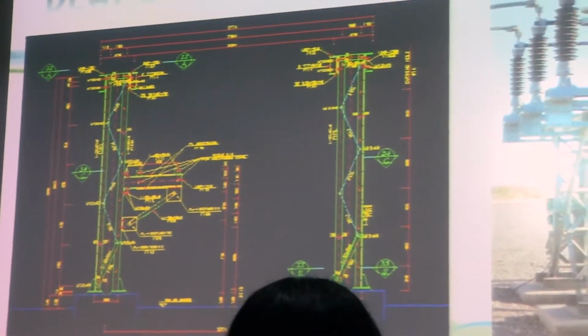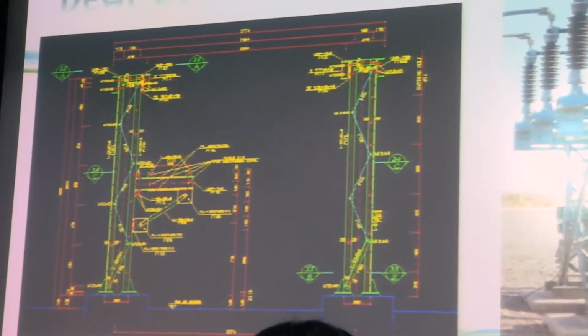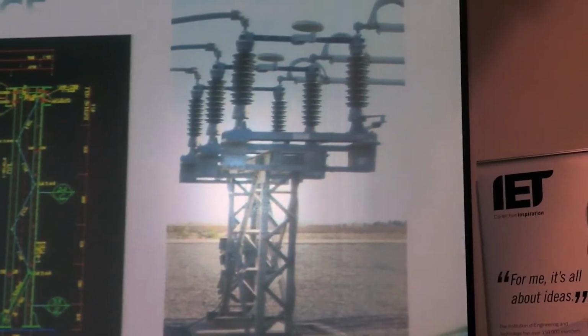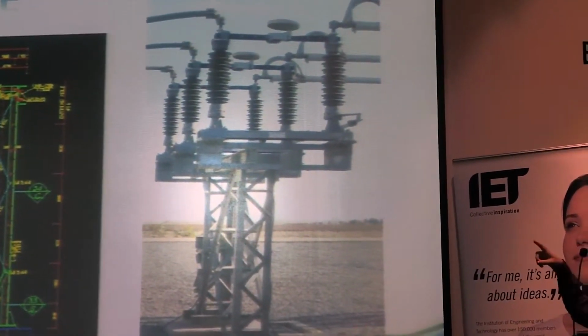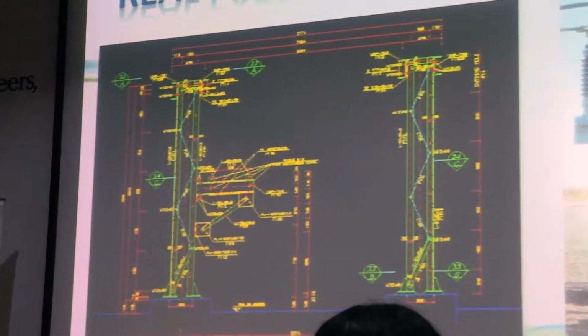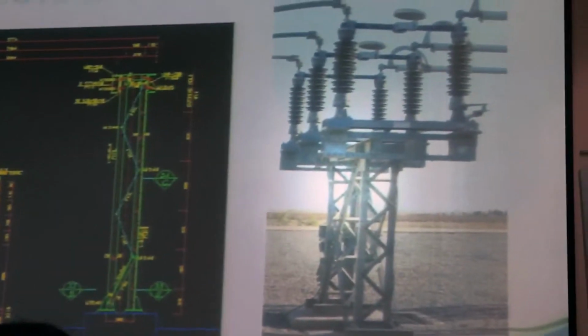Foundation. And this drawing was supposed to be like this after installation, but actually the electrical department changed the dimensions of the equipment without informing us.